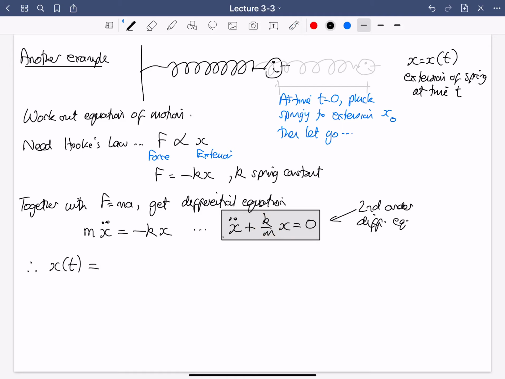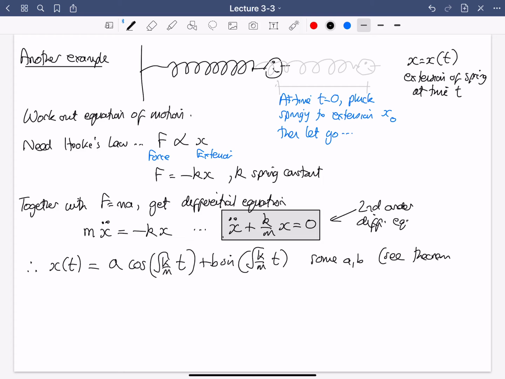When you see this differential equation, you just know that the general solution is a cos root k over m t plus b sine root k over m t, for some a and b. See the theorem below.